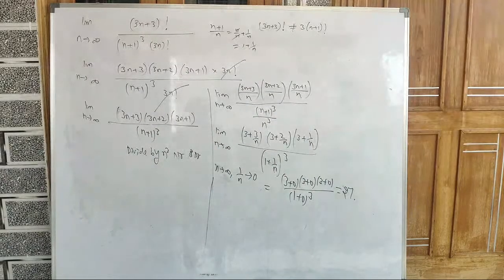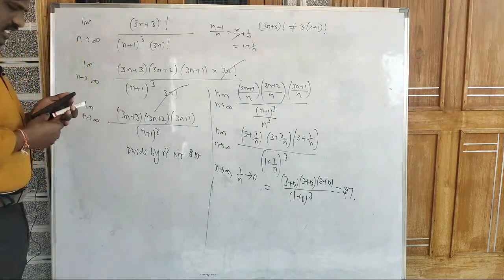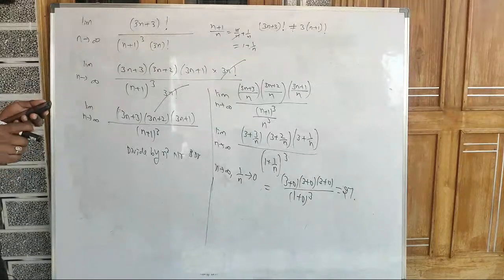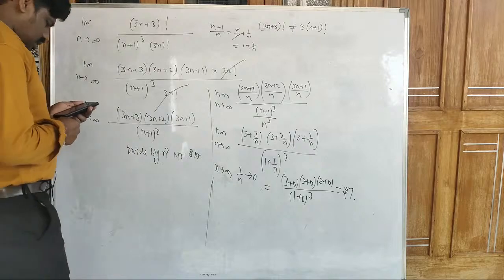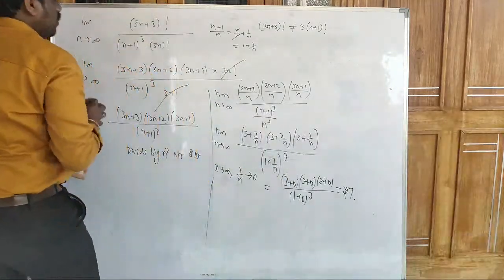Now just tell me that you are able to see the board. Can I check once in the Google Meet, or is this clear? Pooja, yes, everything is clear. Yes, sir, board is clear. Okay, fine.